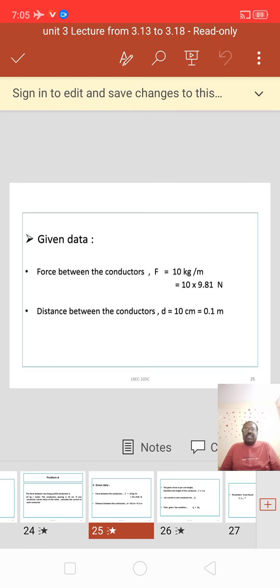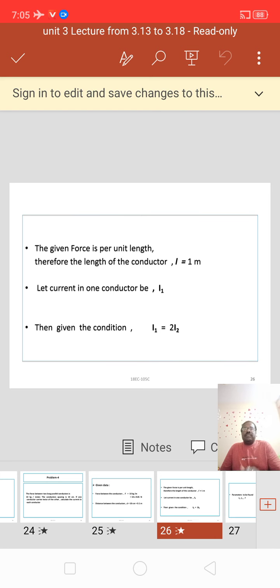Distance between the conductors D equal to 10 centimeters, that equals 0.1 meters. Force between the conductors F equal to 10 kg per meter, that equals 10 into 9.81 newtons. The given force is per unit length.